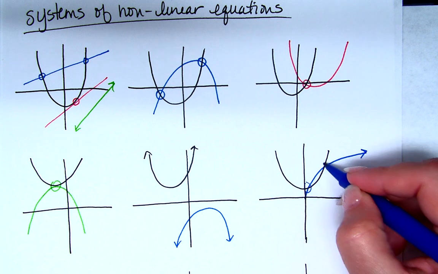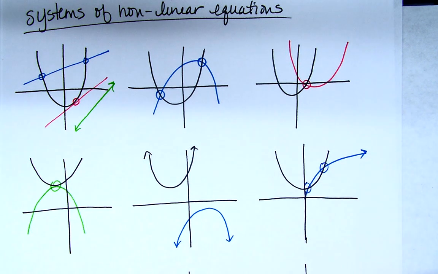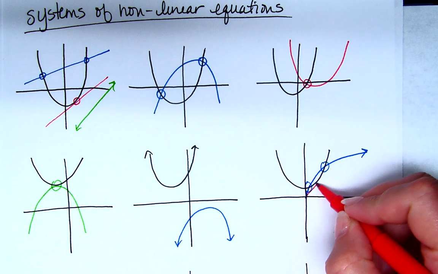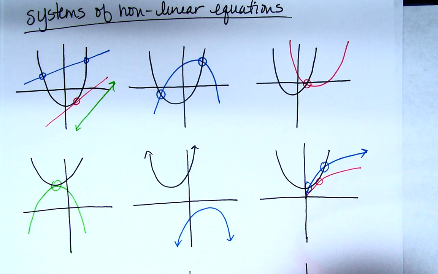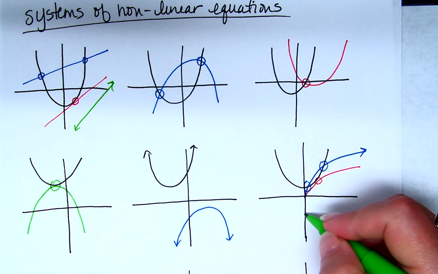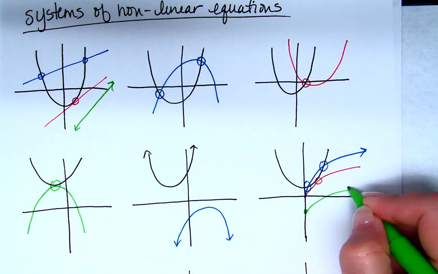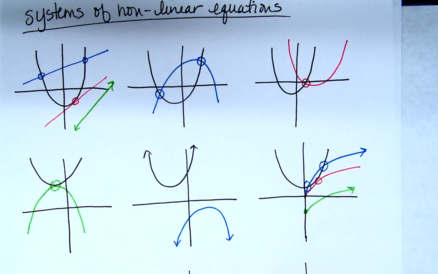One there, one there. Could you easily see how this could only have one solution? If it started here and went like that, right? Touches right there. Could you see how it could have no solutions? Maybe it even shifted down and went that way. See, it's not touching at all, right?